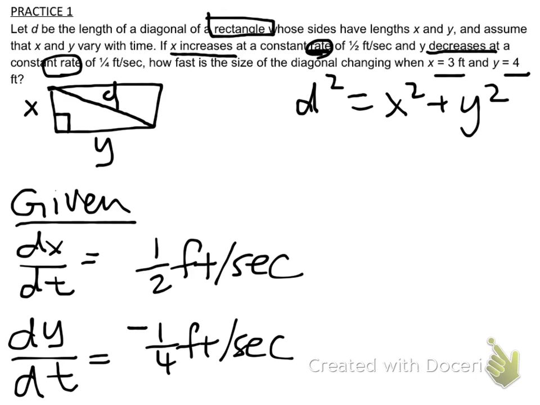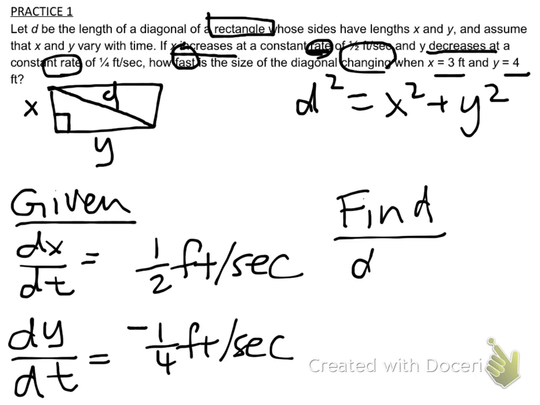Now, what I want to find is how fast is the size of the diagonal changing? So I'm seeing the words how fast, and I'm seeing the word changing. So I know that I'm looking for, ooh, this is a weird one. It looks weird. It says dD.